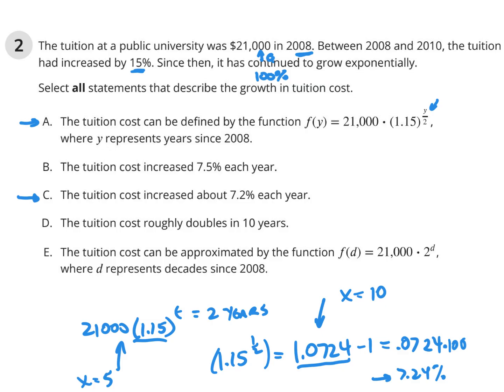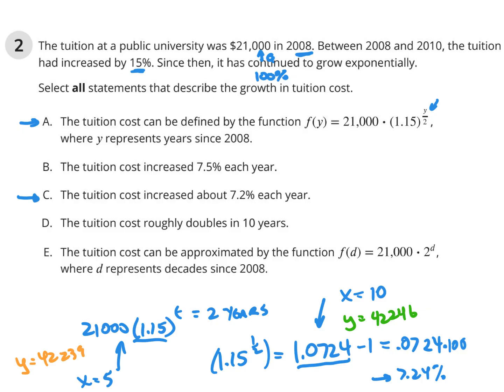So if I use this one, the one that's calculated to every year, I went down when X equals 10, Y was 42,246. If I use the other one, when X is 5, Y is 42,239.